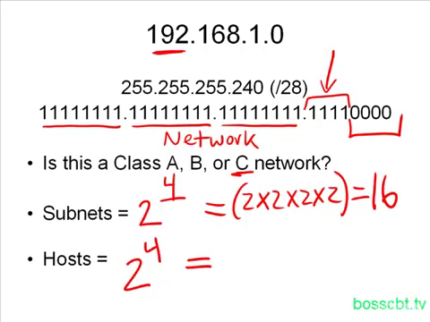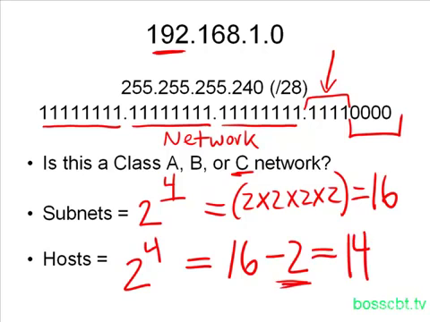We're going to get the same answer. 2 to the power of 4 equals 16 minus 2 equals 14. Don't forget the minus 2, we're subtracting the network number and the broadcast number in order to find the number of valid hosts. Okay, so that's it. We've determined that by using this subnet mask, we can create 16 different subnets, and each subnet is going to have 14 valid hosts.